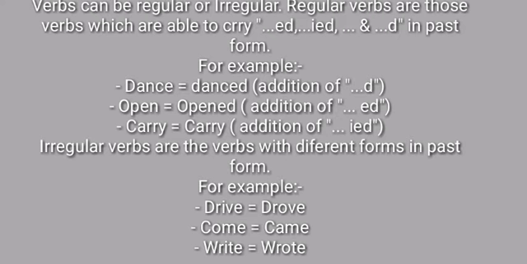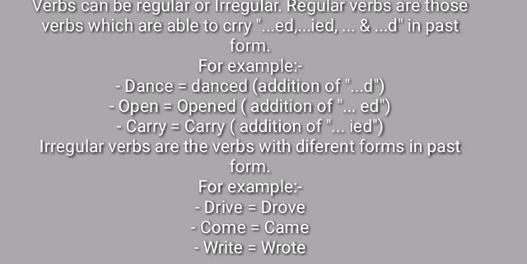Verbs can be regular or irregular. The regular verbs are those verbs which are able to carry ed, ied, and d in the past form at the end of a word. For example, the word dance in past form is written danced. There is addition of the suffix d.